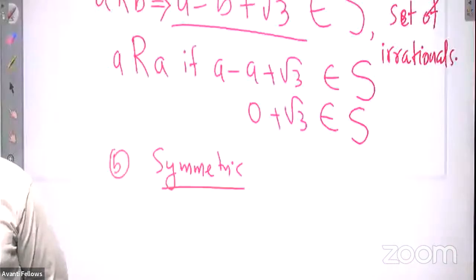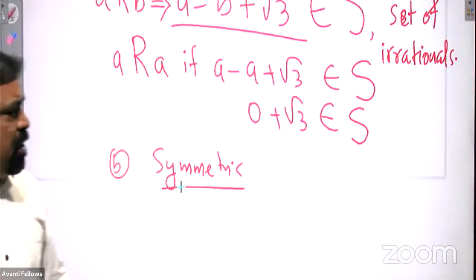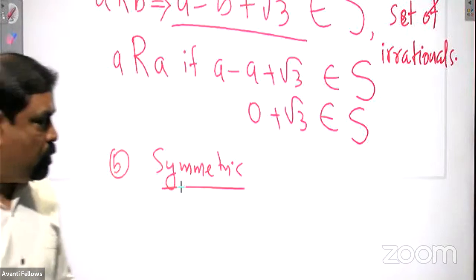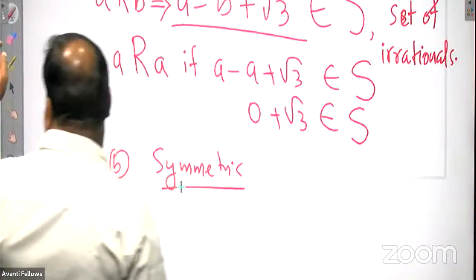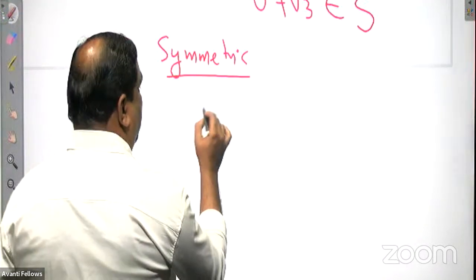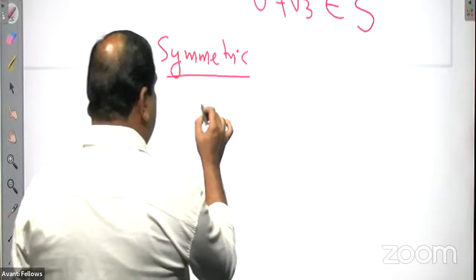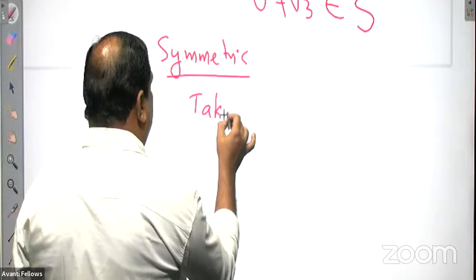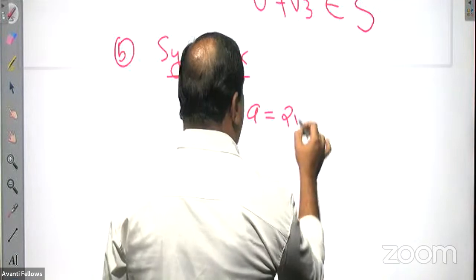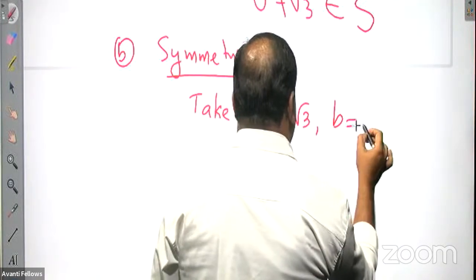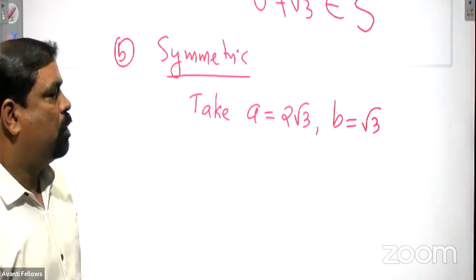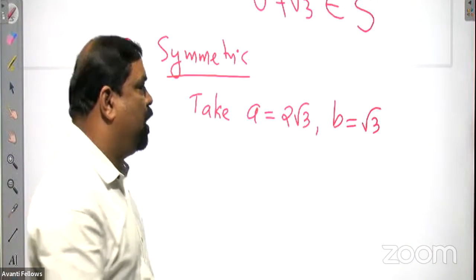Okay, let us check. Some of you are saying that it is symmetric, and some of you are saying that it is not symmetric. So let us take some values for A. Take A is equal to 2 root 3, and B is equal to root 3.